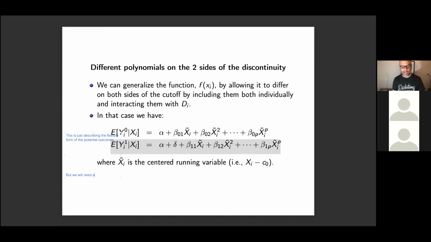But we will need a regression model that doesn't base itself on y0 and y1. So we will use interactions to model the same series as above.